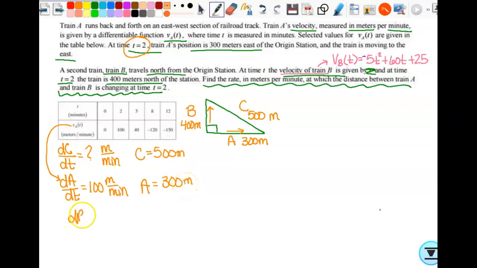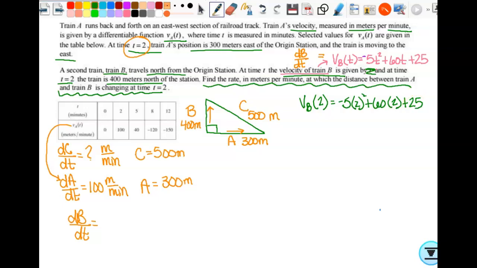Okay, so then we need dB dt, right? Exactly. This is the same thing as dB dt. It's just a different way to write it, right? So we can use that equation. I can find v sub B of 2. That would be negative 5 times 2 squared plus 60 times 2 plus 25.